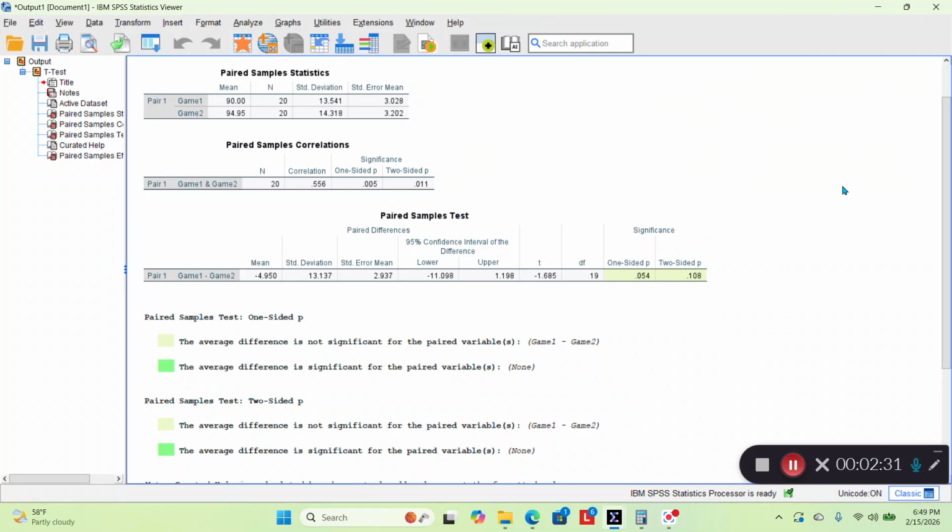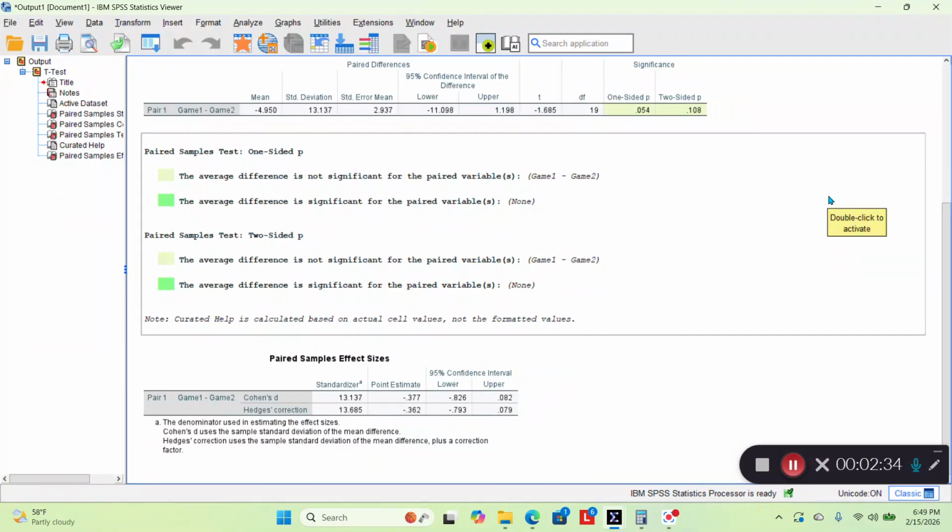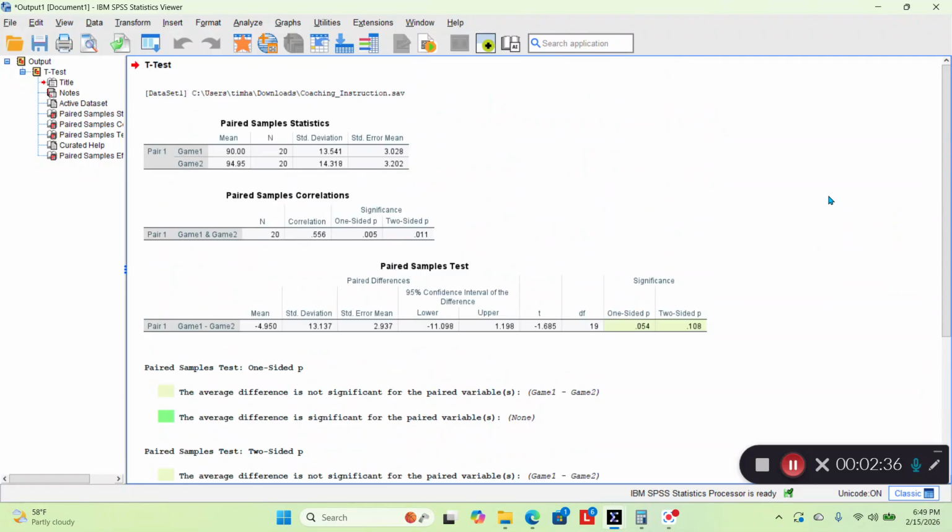All right, so here's our breakdown of the data. So we're going to start off up here with the paired samples statistics. So game one, our M value, our mean is 90. So that's overall score. Our N value for both game one and game two is 20. So we had 20 participants for game one and game two. And then our standard deviation for game one is 13.541.